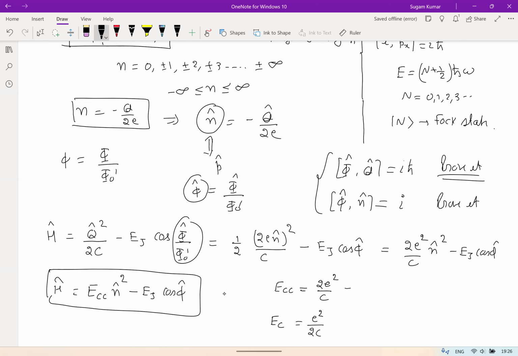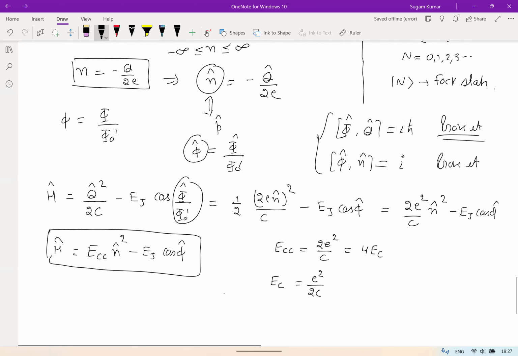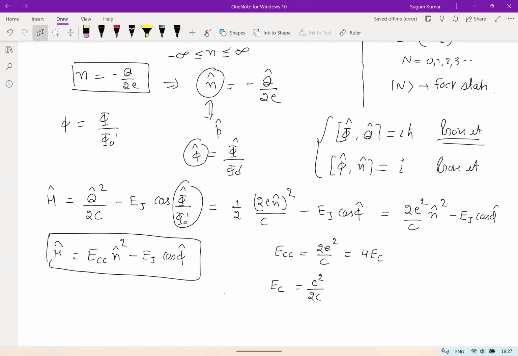So this is actually equal to 4 times EC also. ECC is equal to 4 times EC. And that EC was proved yesterday. Already proved. So this ECC, I think I've already given you the definition of ECC also. So this is the charging energy for one Cooper pair, correct?